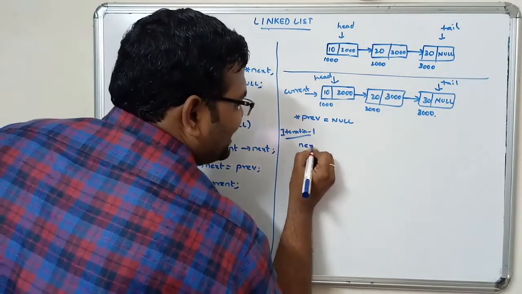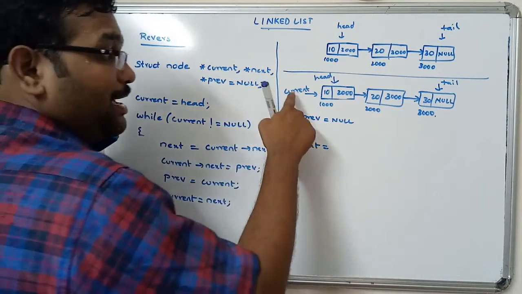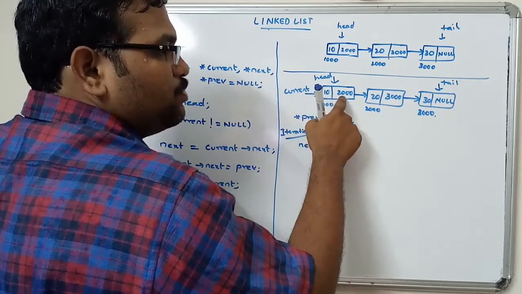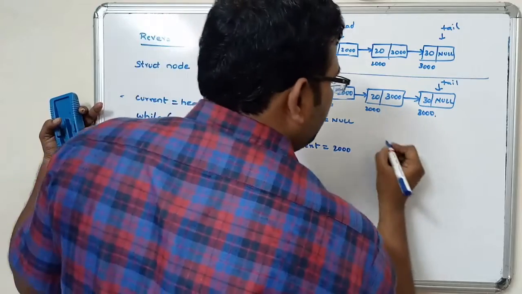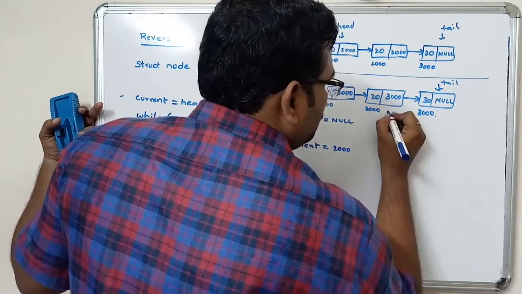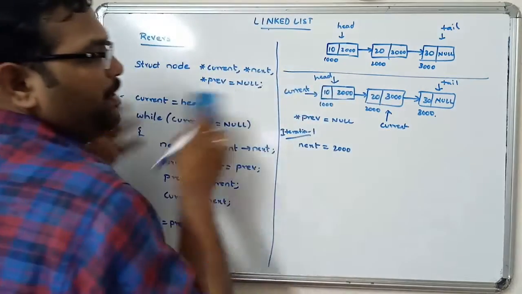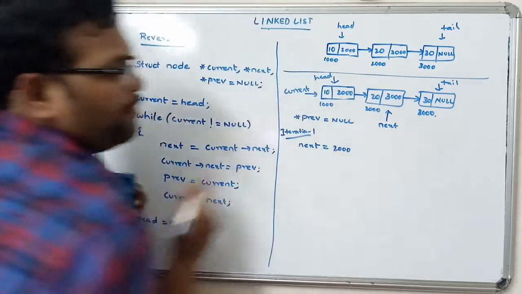Now the next is equal to current of next. See here current of next is 2000. So 2000 will be assigned to next. That means current will be here. Sorry. Next will be here. Right?